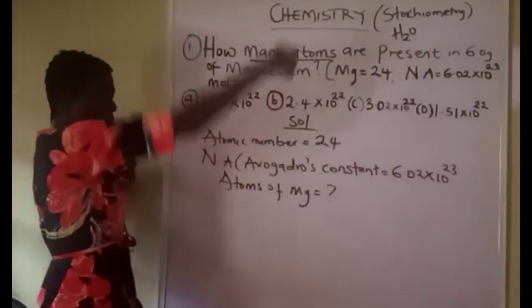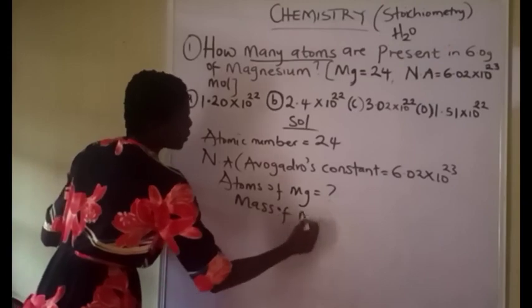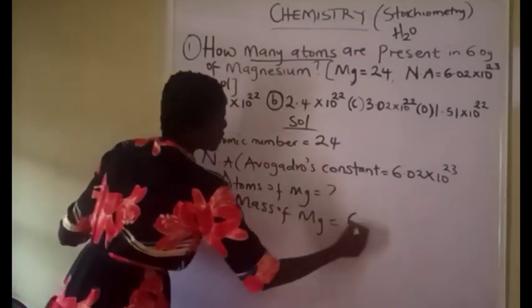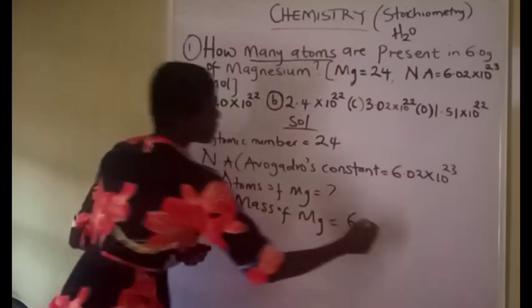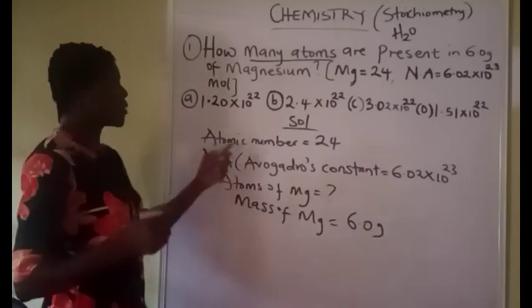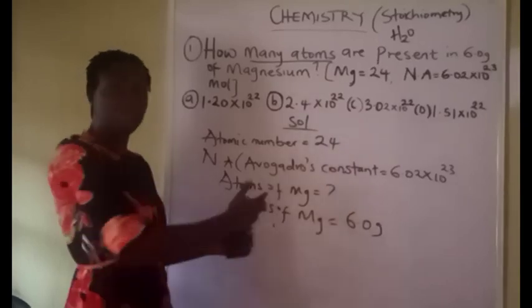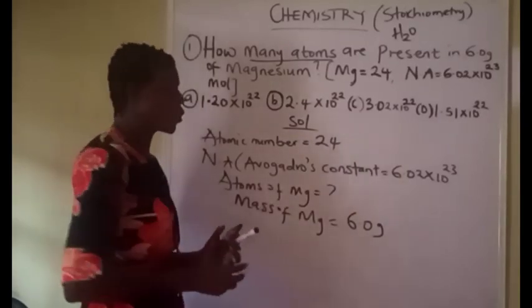We already know the mass given to us of magnesium is 6.0 grams, and the molar mass is 24. We've gotten our given data, so we proceed to solve the question.